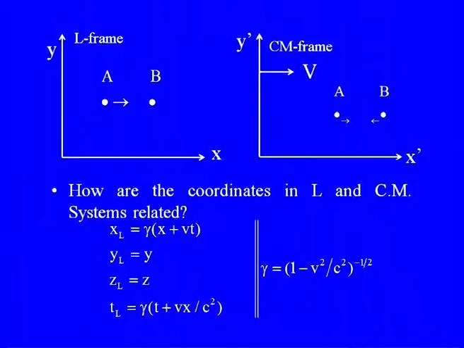Recall that the coordinates in the lab and the center of mass frame are Lorentz frames here, so they are related by the Lorentz transformations. Okay, and what about the components of the 4 momentum? Since it's also a 4 vector, we are talking of the components of a momentum 4 vector. The components will transform according to the Lorentz transformation itself. Okay, so it's interesting that it's very easy.